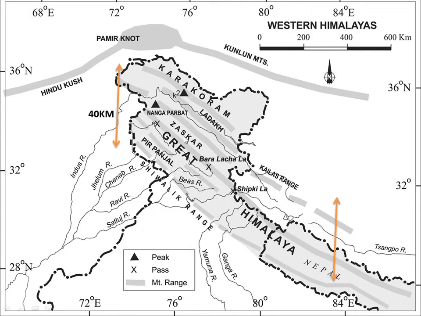In the east also, the east of the Great Himalaya is also 40 km. So in both the eastern and western extremities, the width of the Himalayas is almost 40 km. But in the central part it is much wider, that is 200 km.